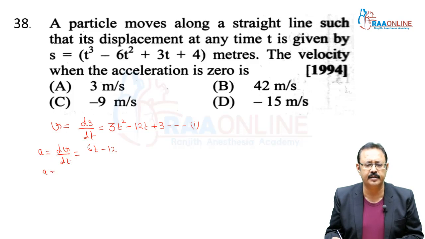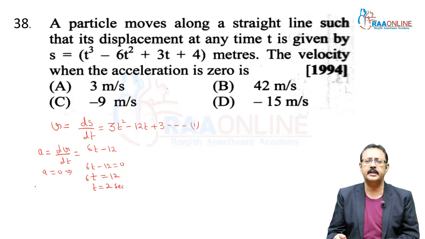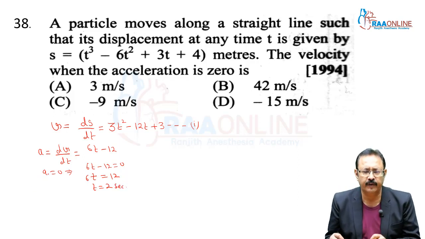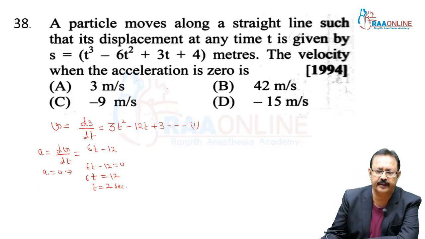When acceleration was 0, it was 0 at t equals 2 seconds. It means we want to calculate velocity at t equals 2 seconds.